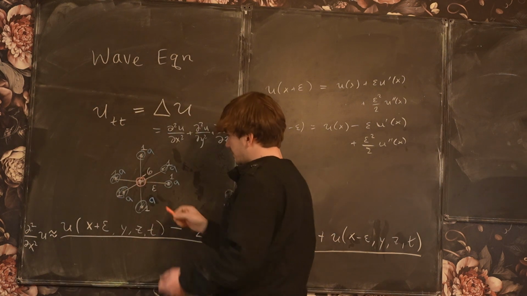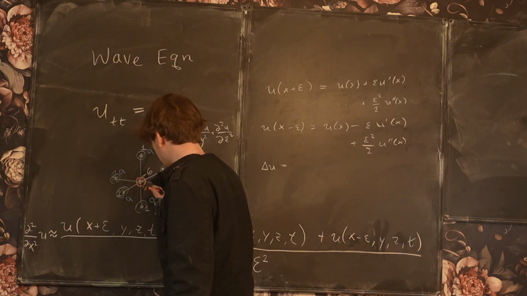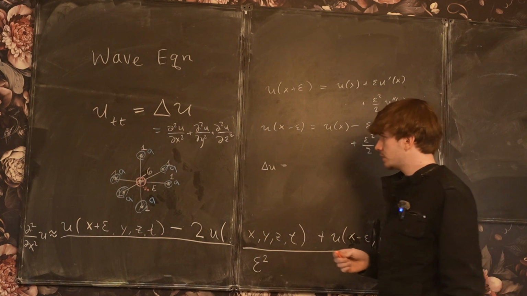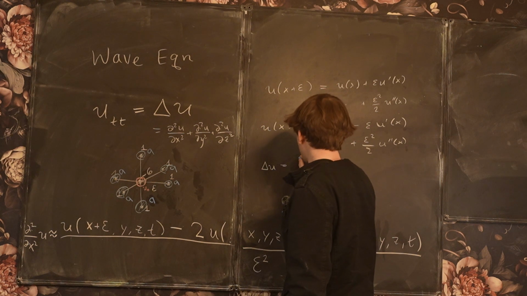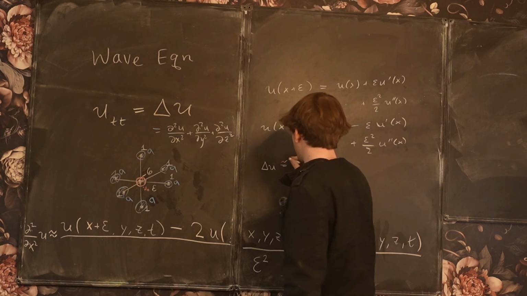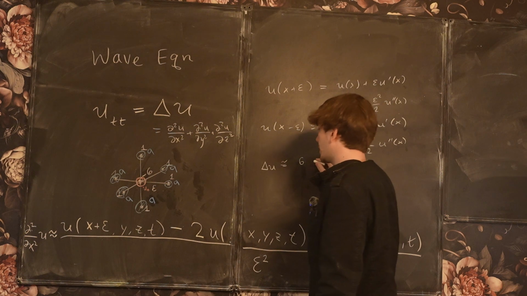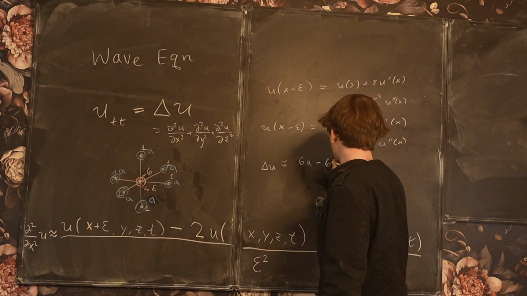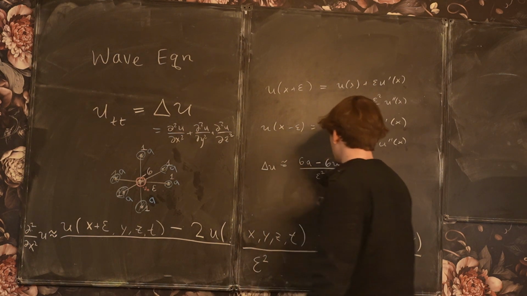And then let's assume that the center point starts at an initial value, let's say u naught, at time t equals 0. So now the Laplacian is going to be approximated by 6a minus 6 u naught over epsilon squared.